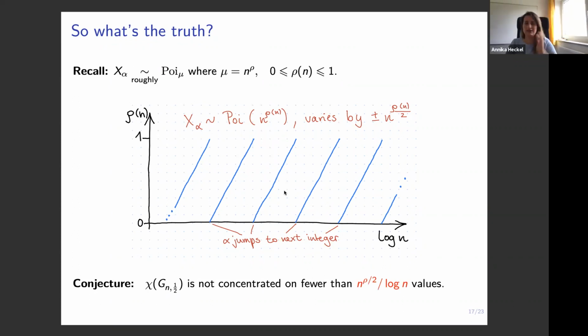So a reasonable conjecture is that the chromatic number is not concentrated on fewer than about this many values. This log n comes from our estimate for the chromatic number. It increases by sufficiently more than 1/alpha, and the sufficiently more makes this 1/log n.